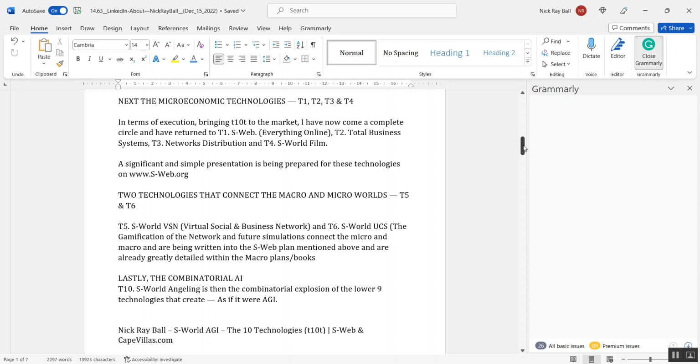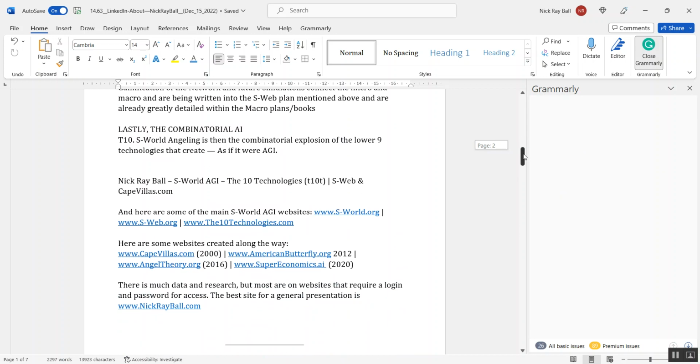Two technologies that connect the macro and micro worlds, T5 and T6. T5 S-World VSN, Virtual Social and Business Network, and T6 S-World UCS, the gamification of the network, and future simulations, connect the micro and macro, and are being written into the S-Web plan mentioned above, and are already detailed in the macro plans/books.